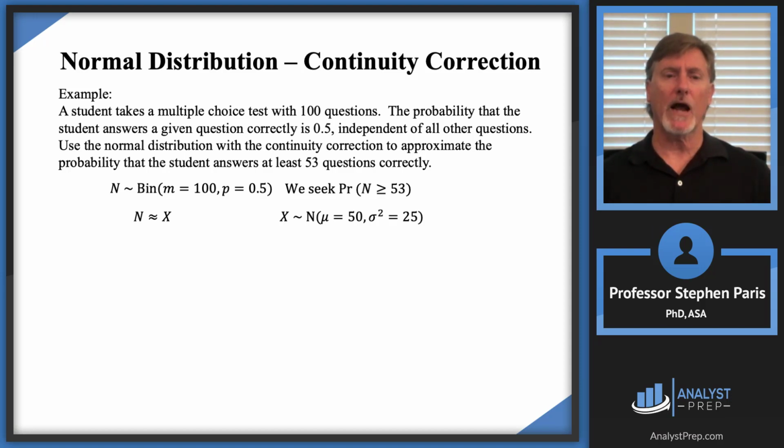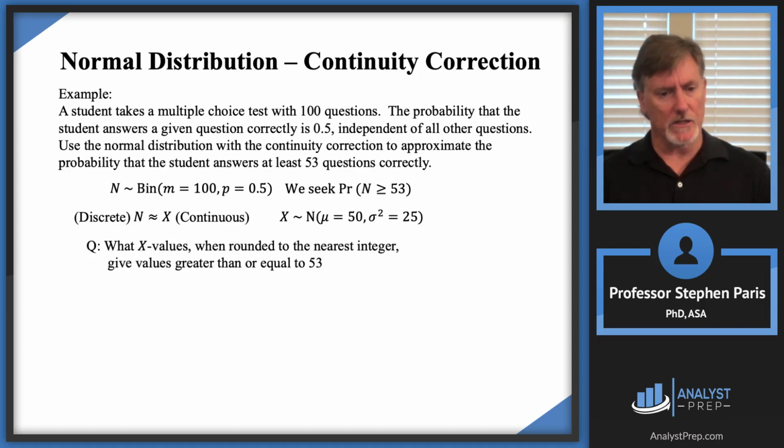But at this point, I recognize that capital N is a discrete distribution and capital X is a continuous distribution. So the question that's posed is, what X values, when we round them to the nearest integer, would give capital N values greater than or equal to 53? What X values, when rounded to the nearest integer, give values greater than or equal to 53?